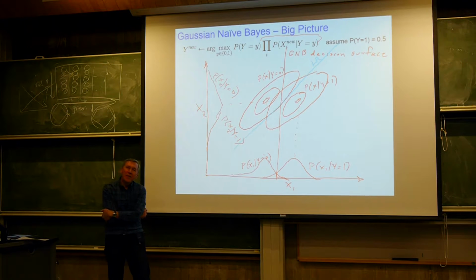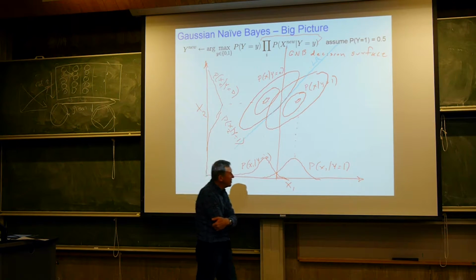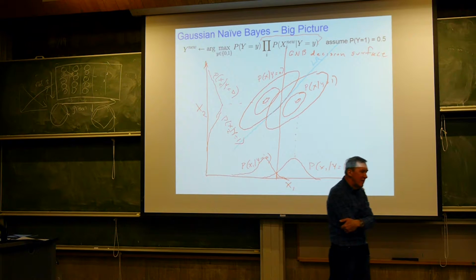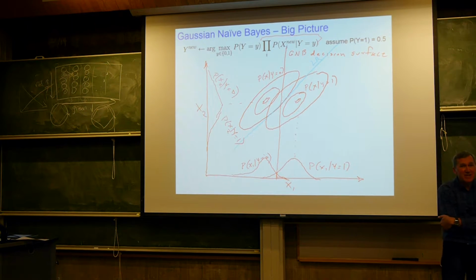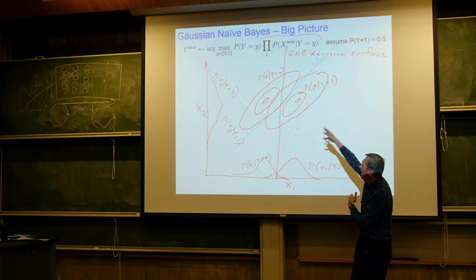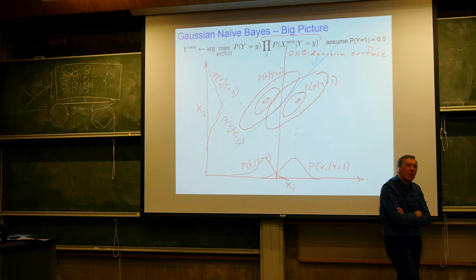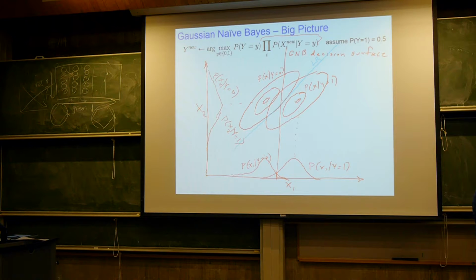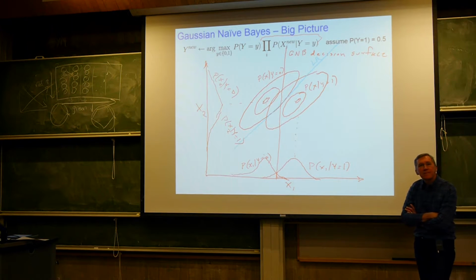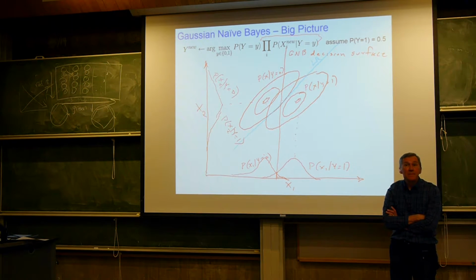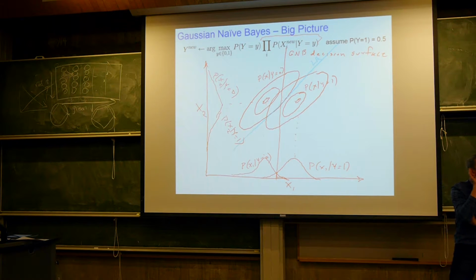Now, it turns out there's a simple way for me to keep this data that I have, but transform the problem so that Gaussian naive Bayes would work just fine. Does anybody see it? Yeah, right.